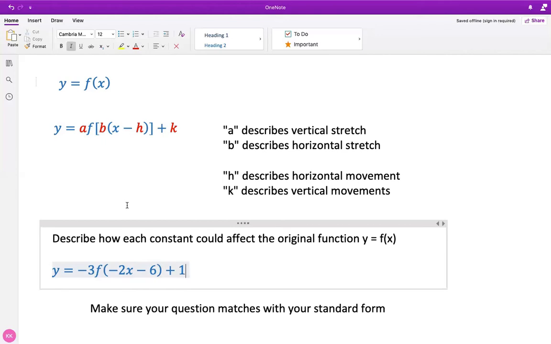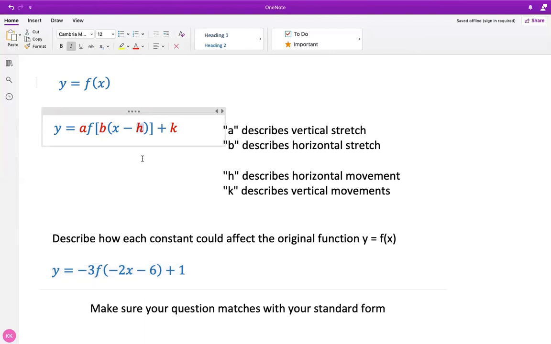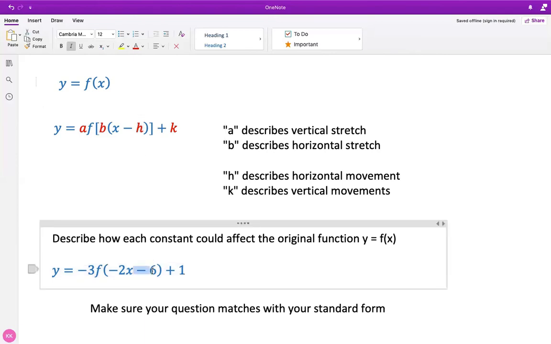Why is that? You will see that the h is inside the parentheses in the second level, but this constant here is just in the first level parentheses. So I cannot assume that this h matches with the -6. I need to factor out the expression -2x minus 6 in order to get at least two brackets here.